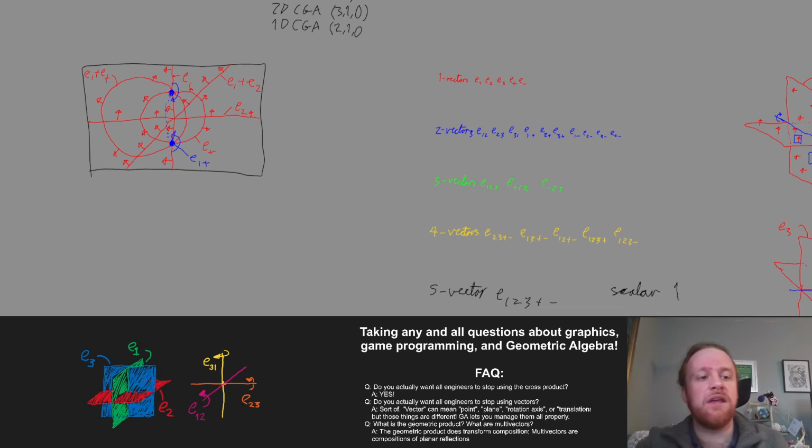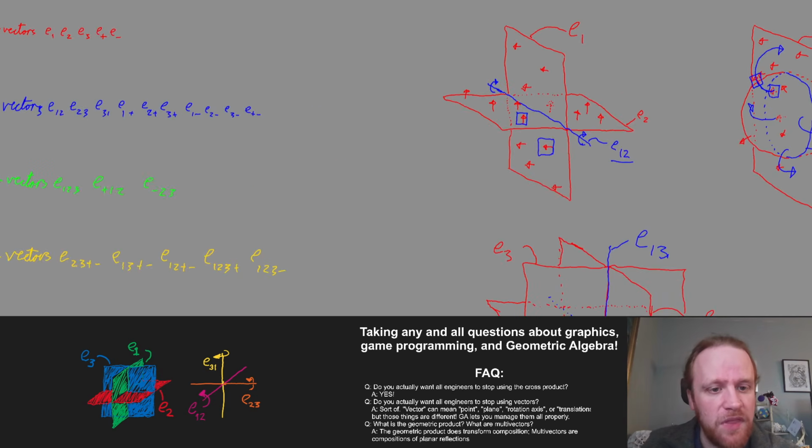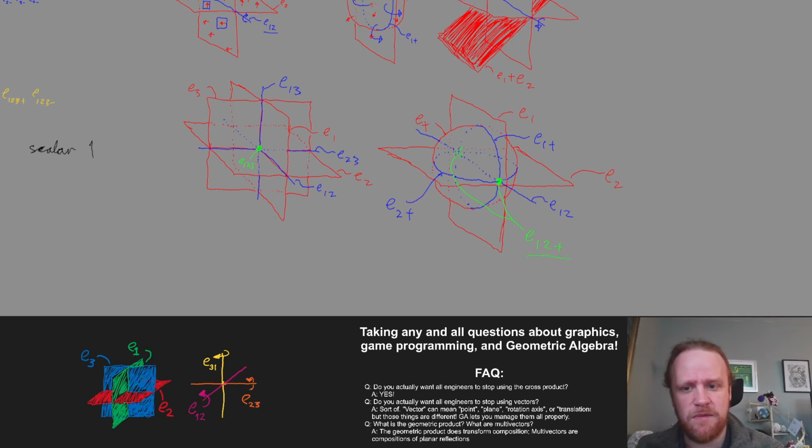Negative E12 would be with the arrow going like that. That one would be negative E12. So you can reverse markup arrows by multiplying by -1. This one is the same kind of object as this one. They're both trivectors. They're 3-vectors.